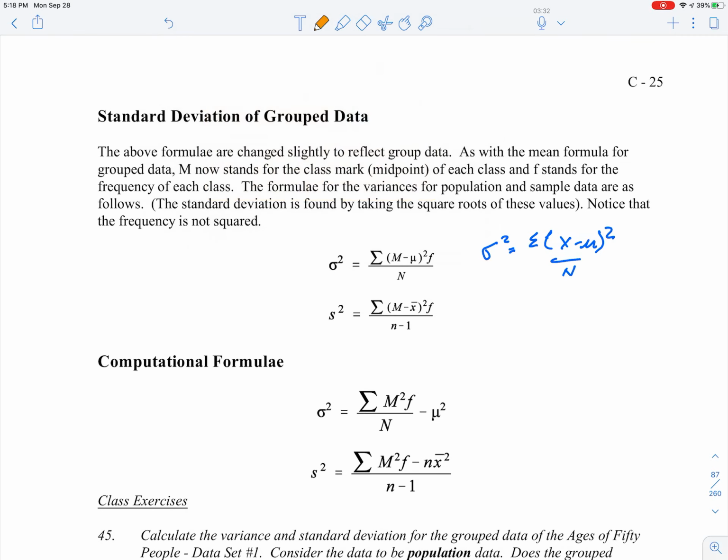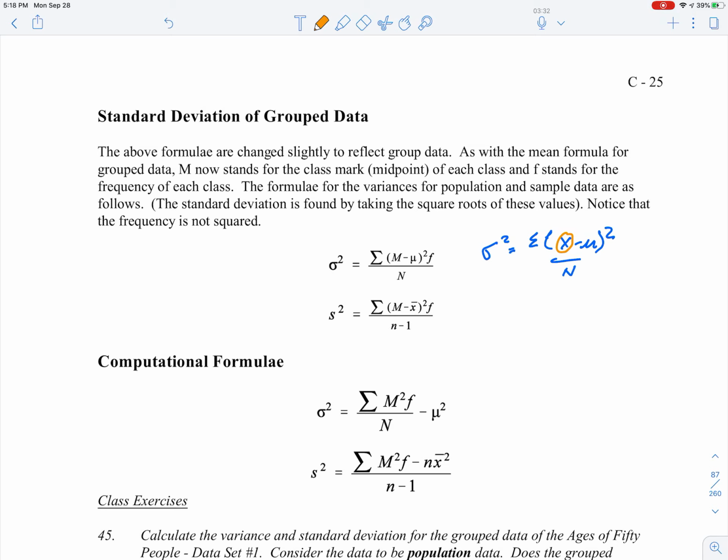And so what we had here then was the x's, and with ungrouped data, of course, you see all of the numbers. Like we saw the ages of the 8 kids in family X and the ages of the 8 kids in family Y, and so on. And then what we did was we came up with the deviations and we squared them and we divided through by n. And there were computational equivalent formulas for that.